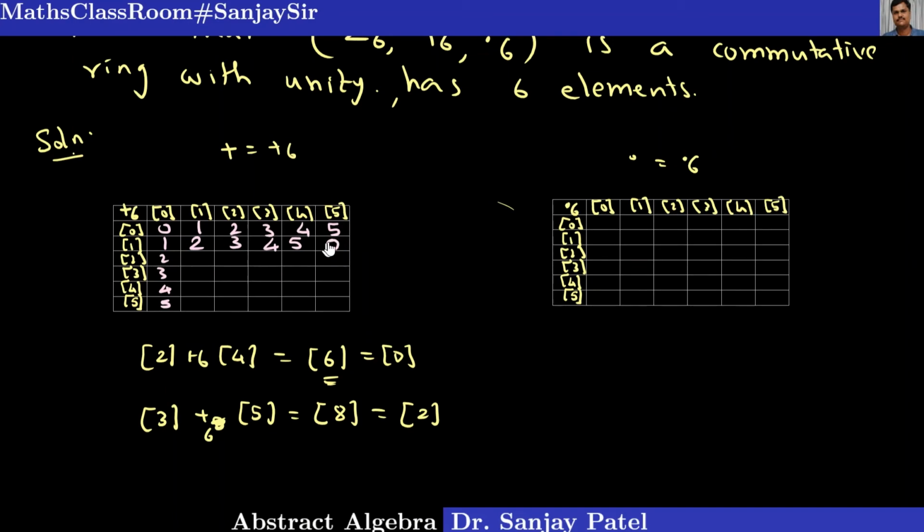Always we are writing the remainder when the result is divided by 6. Then 2 plus 1 is 3, 2 plus 2, 4, 2 plus 3, 5, and 6 means 0. 2 plus 5 in this place is 7, and 7 is congruent to 1 modulo 6. So it should be 1.